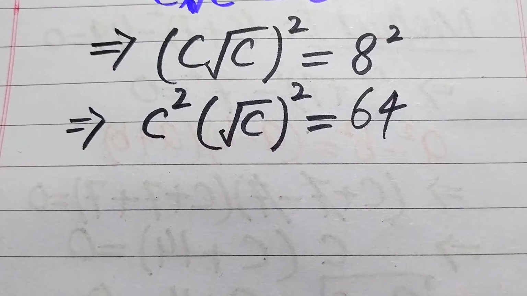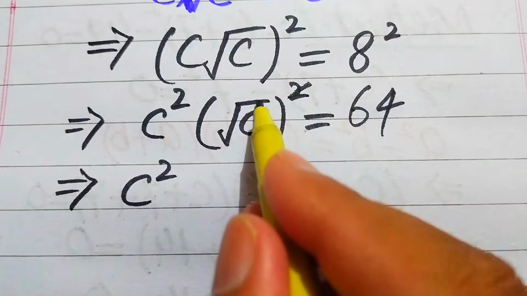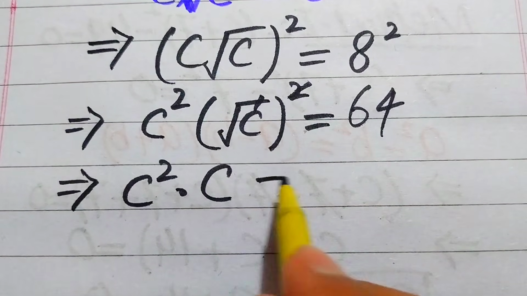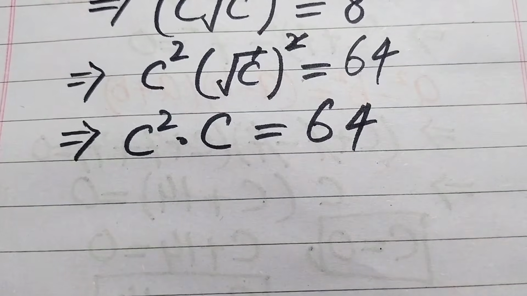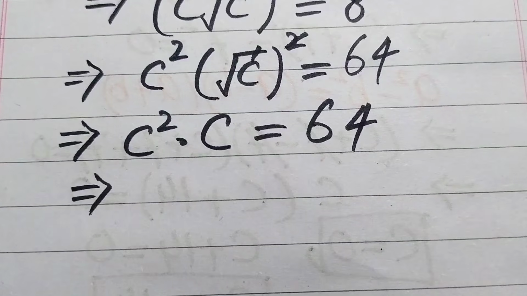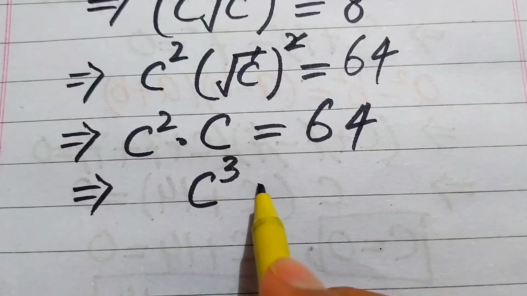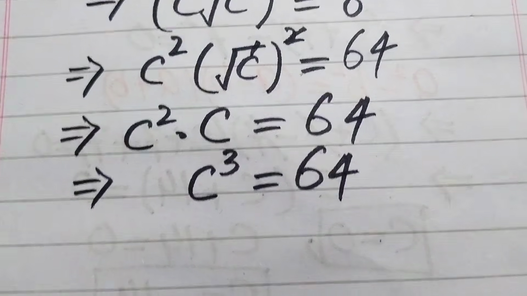And now in the next step we need more simplifications here, and we get c squared into, this 2 and this square root are gone, and we get here c only, and this is equal to 64. And further this becomes c squared multiplied by c becomes c cubed, and this whole equation is equal to 64.